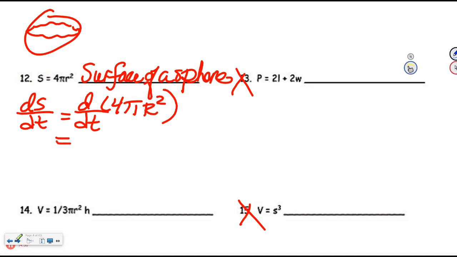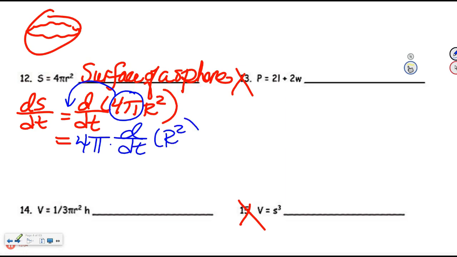I'm going to yank that 4 pi because it's a constant. I'm going to grab that, throw it out front of my derivative. So I have 4 pi times the derivative with respect to time of the radius squared. This guy right here is implicit differentiation. It just doesn't have the x's and the y's, and we're not going to be using the prime notation.